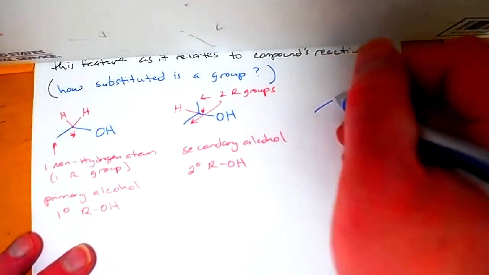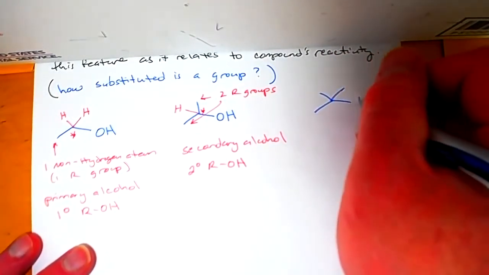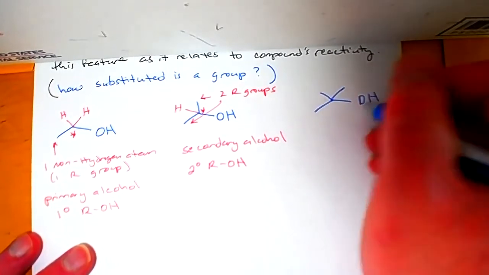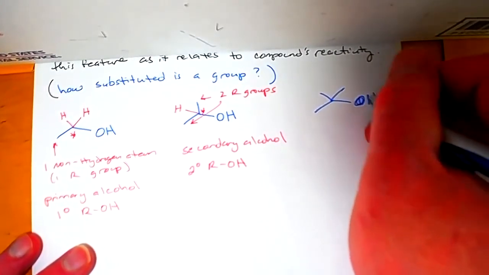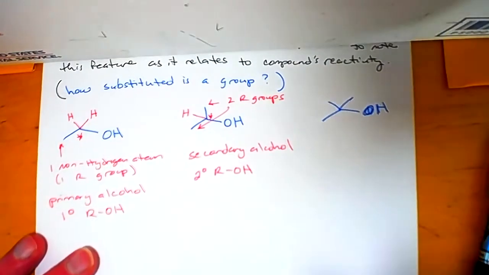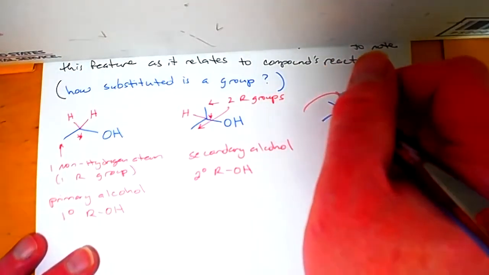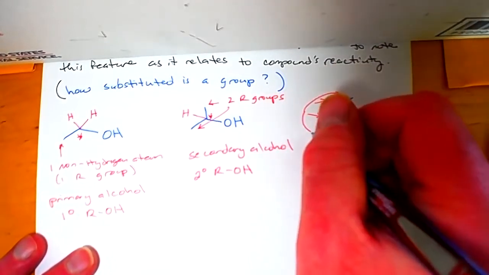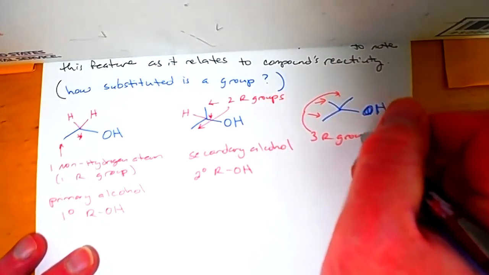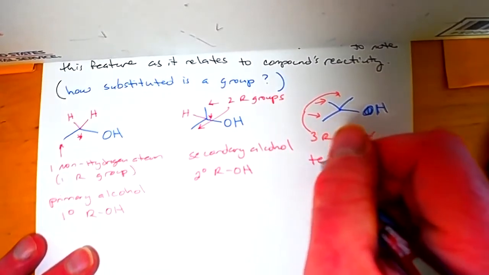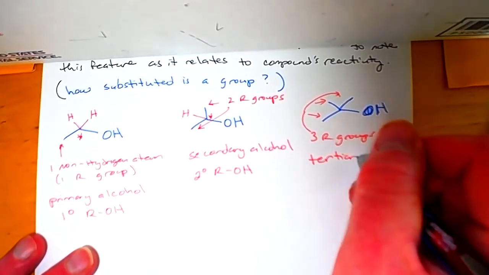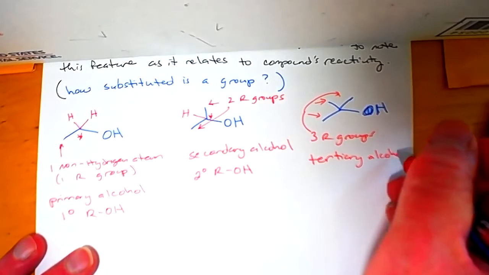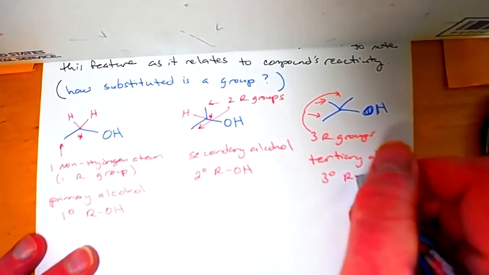And if you look at an alcohol where you have no hydrogens attached at all, and you have 3 R groups associated with that, then this is referred to as tertiary alcohol, or 3 with a degree symbol.